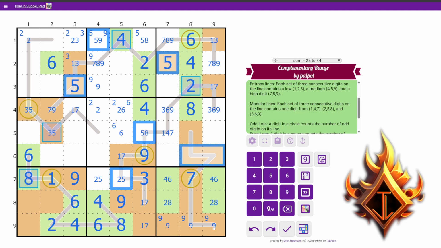It would not go in the corner because whatever goes here goes up here. So it'd be like that.